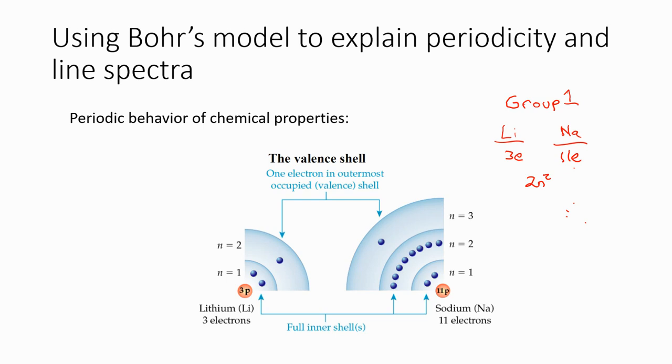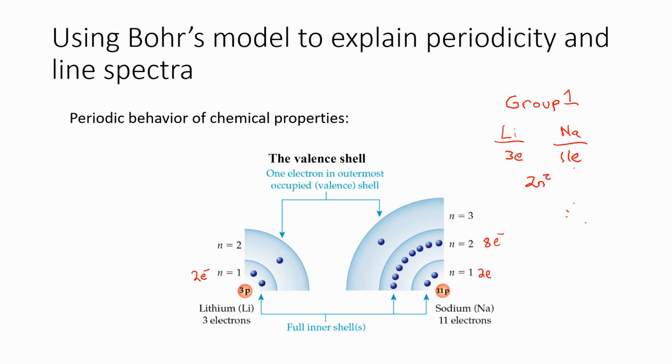So if I look at lithium and sodium, I can fit 2 electrons into the first shell. In the second shell, 2n squared tells me for sodium I can put 8 electrons total. And then each one of these elements has leftover electrons that would go into an empty shell and would not be filled to capacity because at this point I'm seeing 2 electrons in lithium and 10 electrons in sodium.